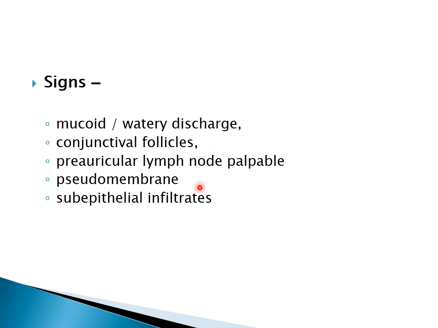Sometimes certain patients may form pseudomembranes on the conjunctiva. You should be able to differentiate pseudomembranes from true membranes. Pseudomembranes usually are exudative material deposited on the surface of the palpebral conjunctiva.